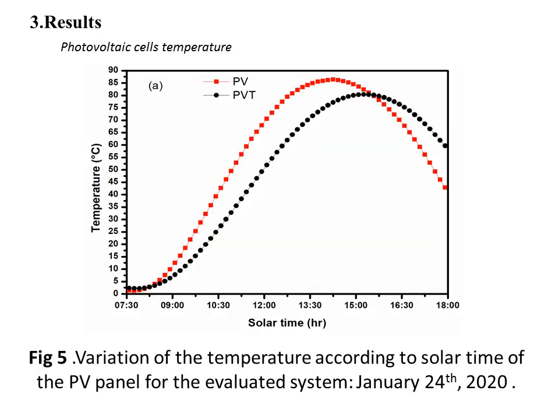In the results for photovoltaic cell temperature, we have here in figure 5 the variation of the temperature according to solar time of the PV panel for the evaluated systems. On January 24th, 2020, we have a decrease of the temperature of the PV by 6 degrees C when we use the PVT.